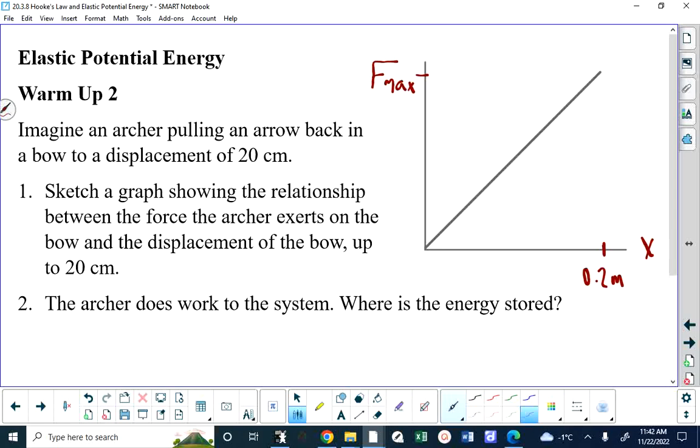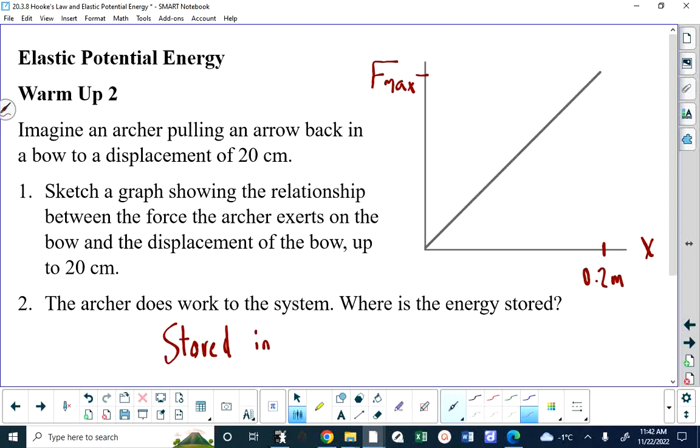So, stored in potential energy of the bow. Wait. Is that gravitational potential energy of the bow? No, that's not. The archer didn't pick the bow up and then is going to drop it. What kind of potential energy? Elastic.